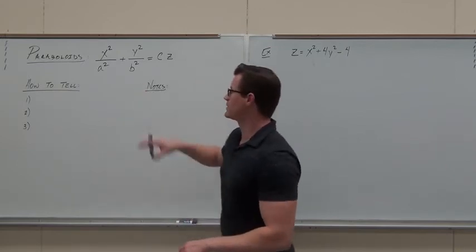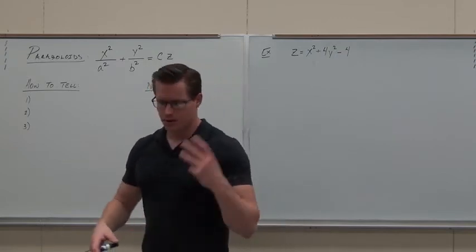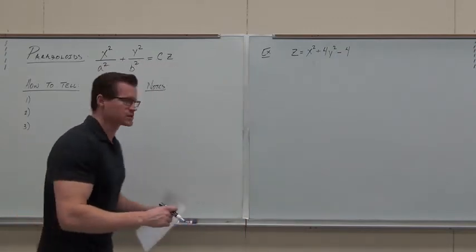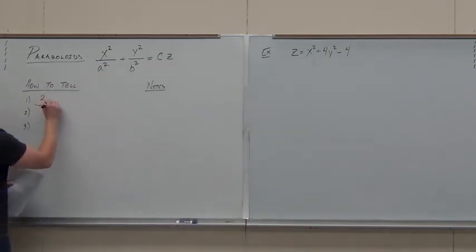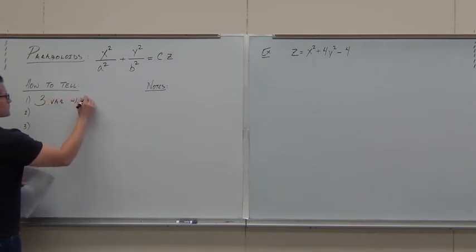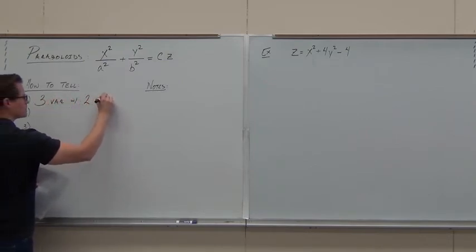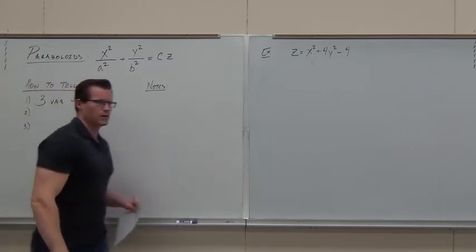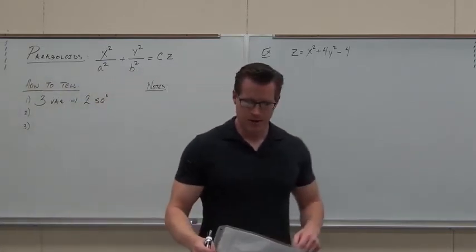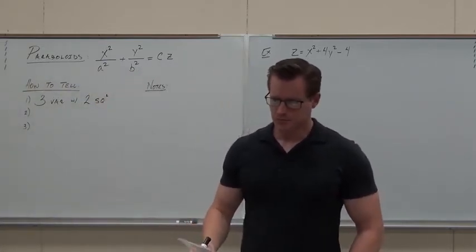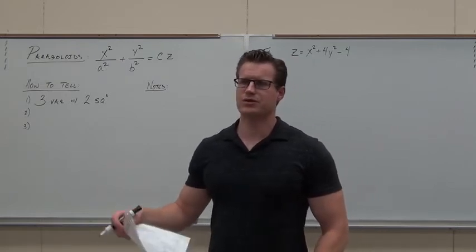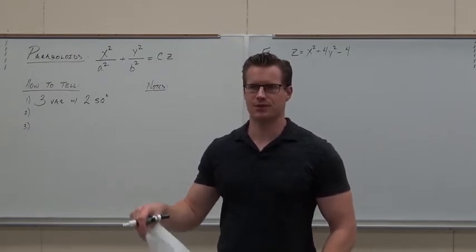So paraboloids look like this. How to tell what they are? Three variables with two squares, that's the first one. Also, the variables with the squares have to be positive.